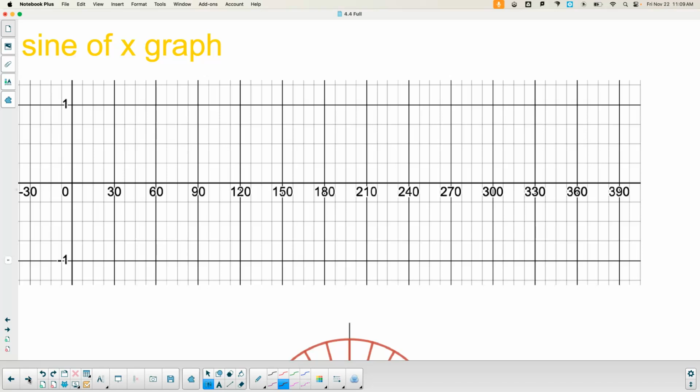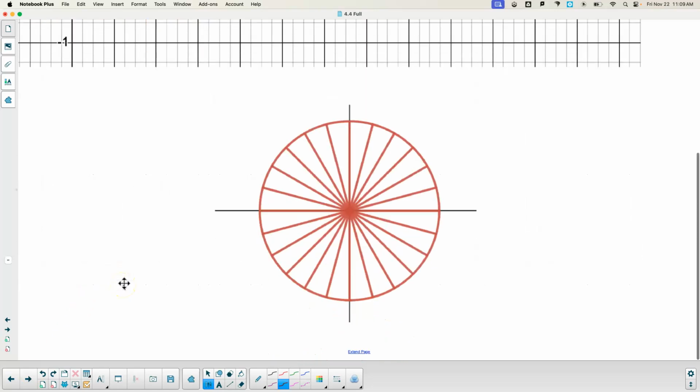You're going to take your piece of spaghetti, and down here underneath your graph you have a unit circle.